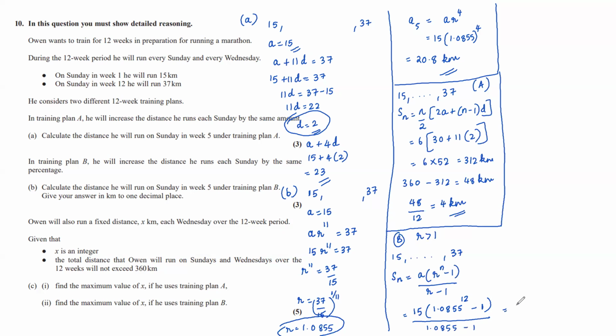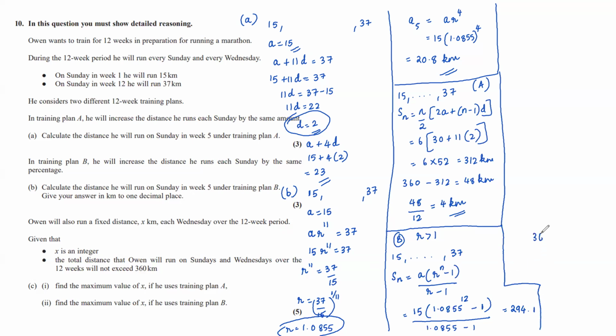Let's just directly put the whole thing in calculator, that is numerator 15 multiplied by 1.0855 to the power of 12 minus 1 divided by 1.0855 minus 1. We'll get this as 294.1.